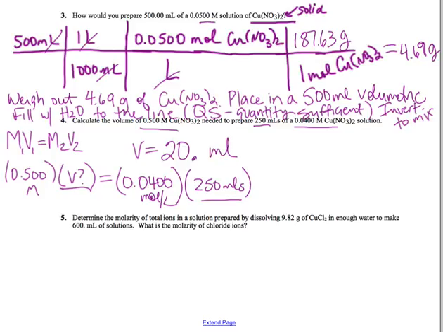All right, so now that we know how much stock we need, how are we going to make this? We're going to put 20 mils of what? 0.5 molar copper(II) nitrate into what?